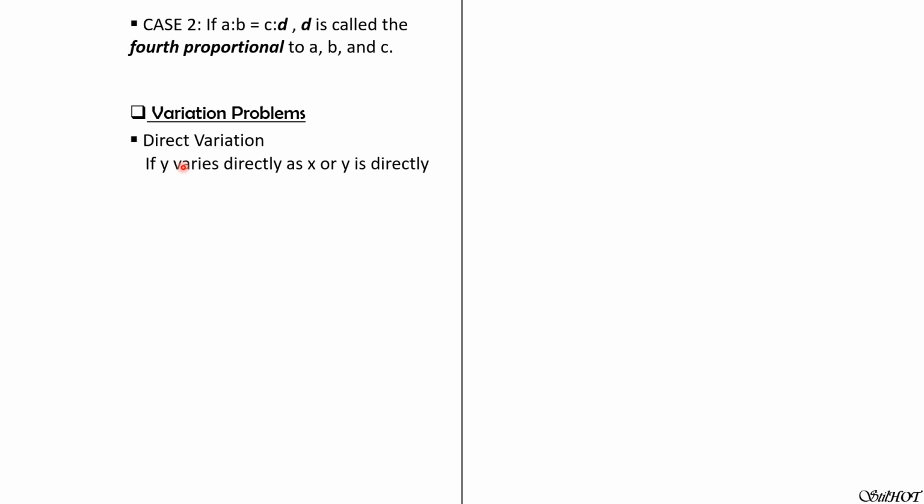Let's proceed to the concept on variation problems. And there are types of variation. The first one is the direct variation. So if you encounter statements such as if y varies directly as x or y is directly proportional to x, so that means y is proportional to x, and we transform that into an equation y equals kx. So k is called the constant of variation or the constant of proportionality.